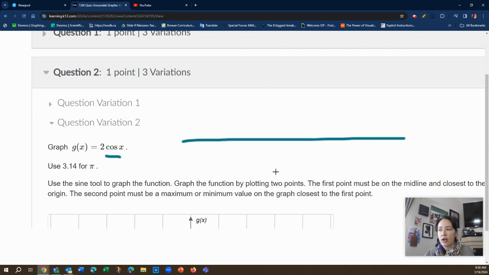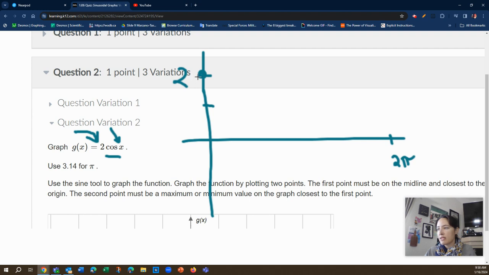It's a regular cosine function, so it's going to start at its max. We can figure out the max based on the amplitude. That's 2. There is no b, there is no coefficient in front of the x variable, so the period is going to be 2 pi, which means it'll come back up to its max when we're done.